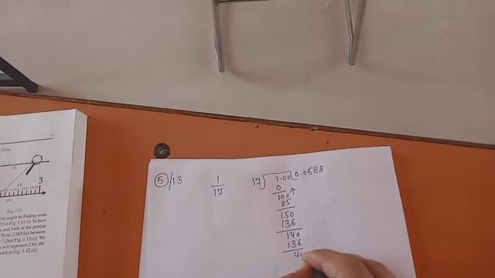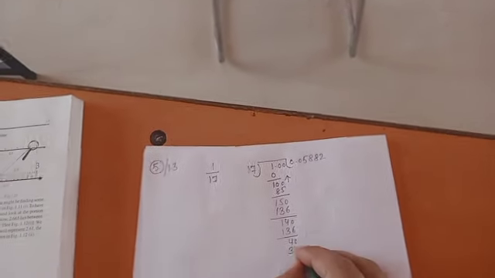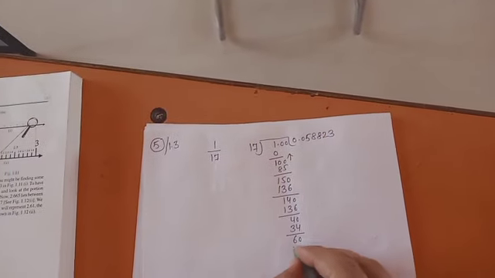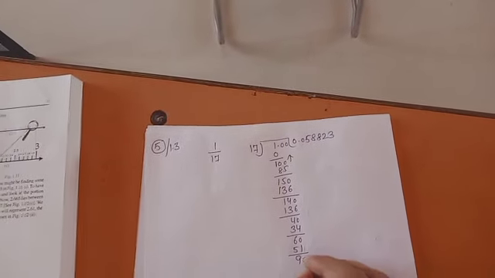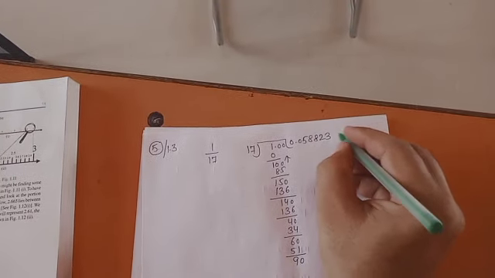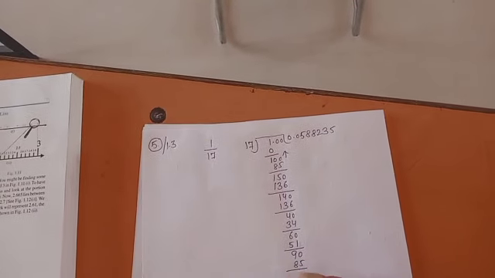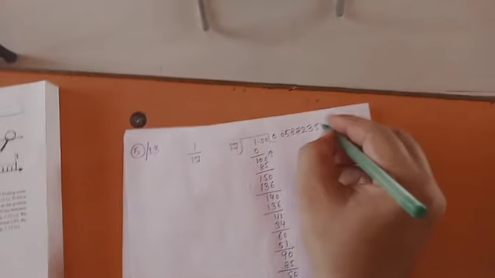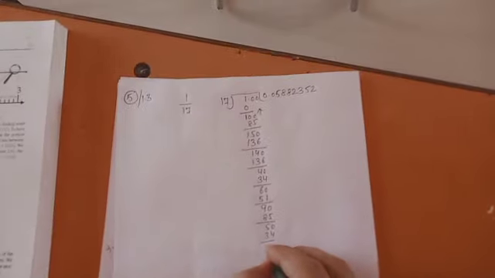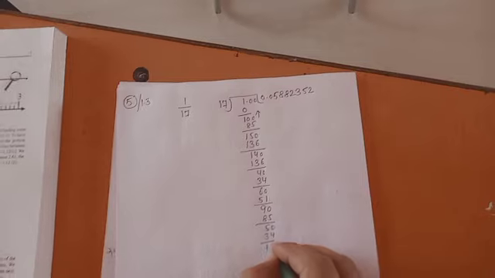How much left? 17 2s are 34. Again how much? 6. 17 3s are 51. How much left? 9. 17 3s are 51. 17 4s are 68. 17 5s are 85. How much left? 5. 17 2s are 34. Again how much left? 16.